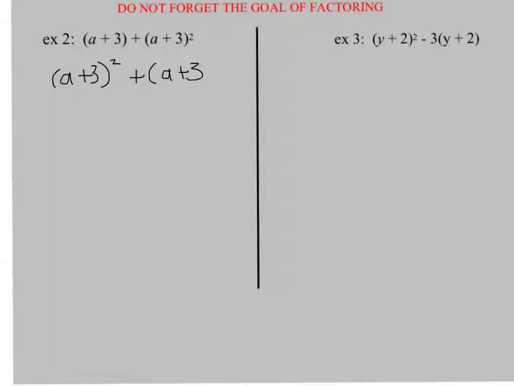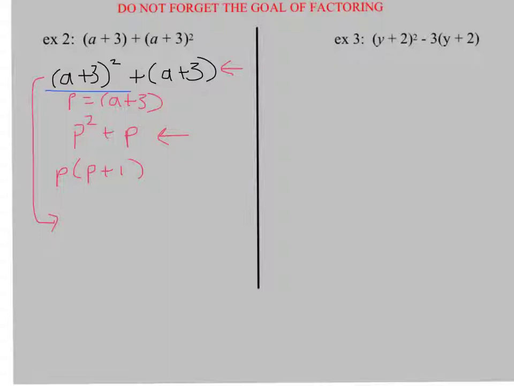a plus 3, right? And if I use substitution to solve a more simple problem, if I let p equal the group a plus 3, I can clearly see that I have p squared plus p to the first, and that's in descending order. If I were to factor my more simple problem, I would pull out a p, and I'm left with p plus 1. Well, the same thing happens here.